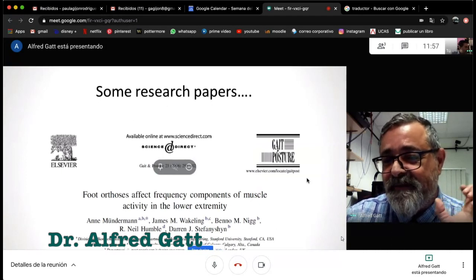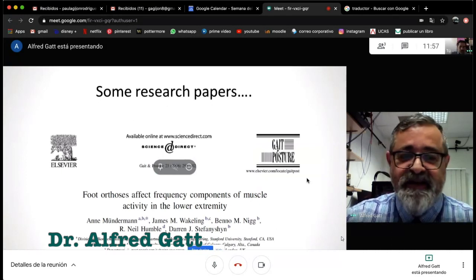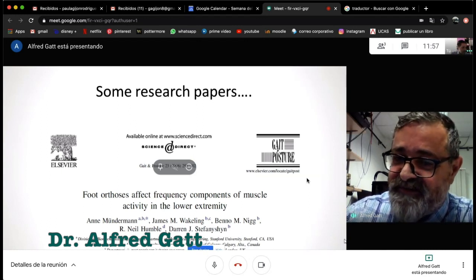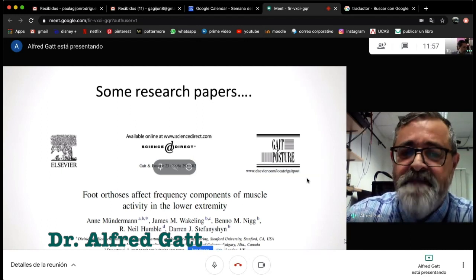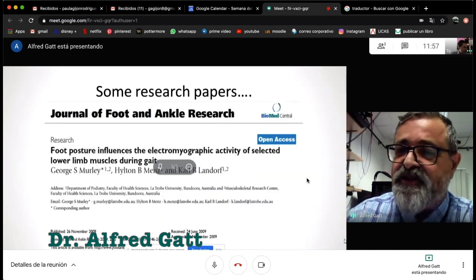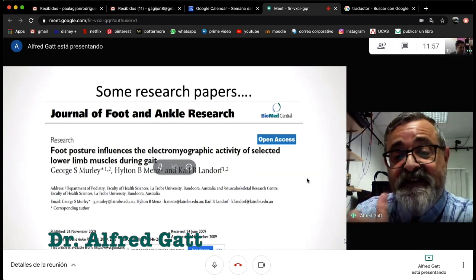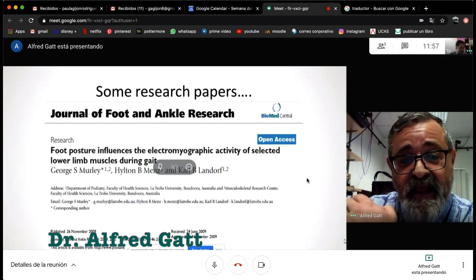Research has shown us that foot orthoses can affect frequency components of muscle activity, okay? And this research has also shown us that foot posture influences EMG activity of selected muscles.